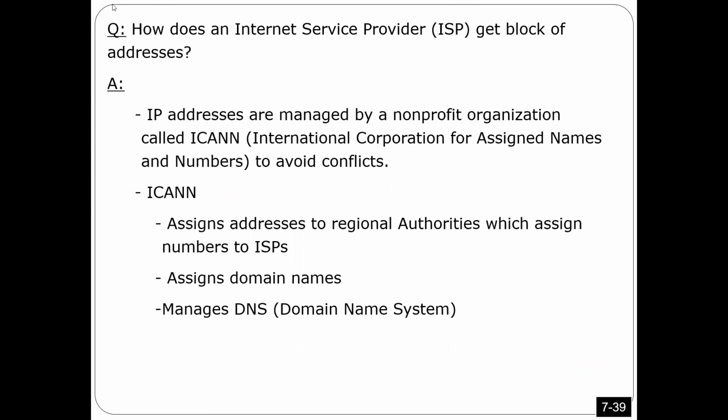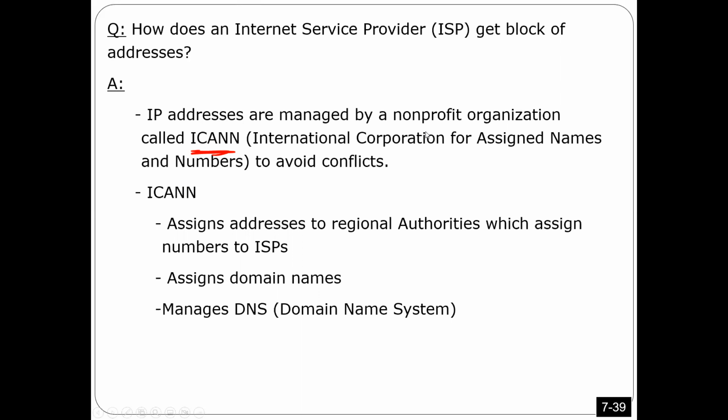Let's put it the other way. I told you every country has a set of addresses. Who is going to give this block of addresses to these countries? There is an international organization called ICANN. ICANN manages the IP addresses.